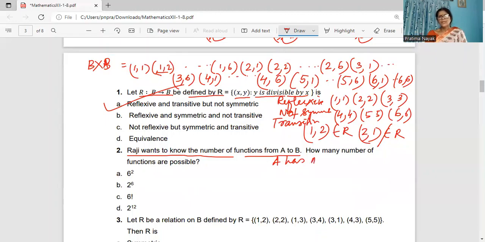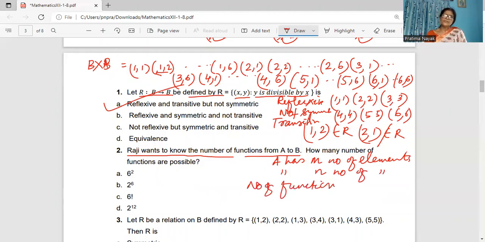If set A has m number of elements and set B has n number of elements, the number of functions is equal to n to the power m. B has 6 elements and A has 2 elements, so it will be 6 to the power 2. So A is the answer for this question.